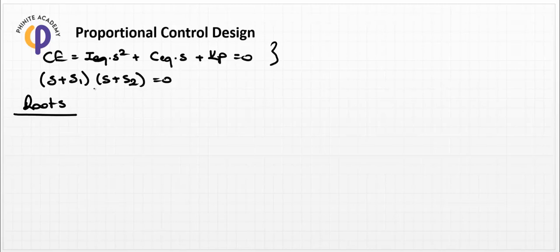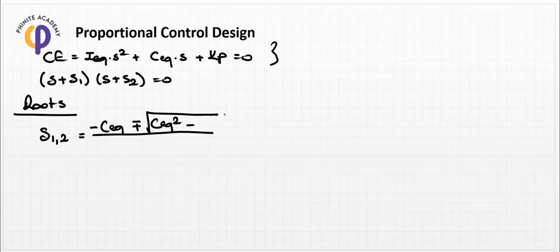For a second-order equation, we can use the Khwarizmi method to obtain these roots. s1,2 is equal to, using these specific coefficients Ix, Cx and Kp, minus Cx plus or minus the square root of Cx squared minus 4 times Ix times Kp, divided by 2Ix.